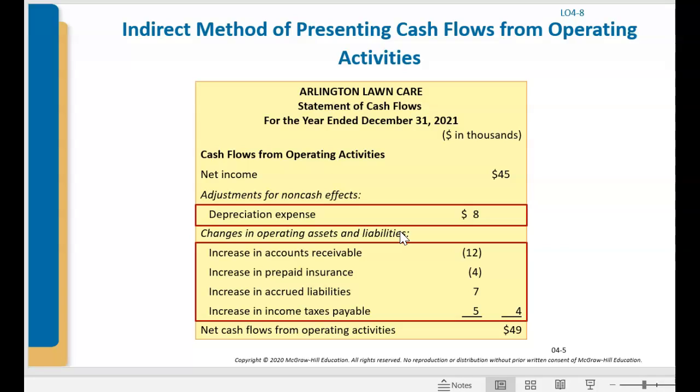Now, you won't actually see that calculation when you look at the statement of cash flows for Target. In 2017, that change in, let's say, accounts receivable would be what it was at the end of the prior year and what it is at the end of the current year. It just shows the net change.